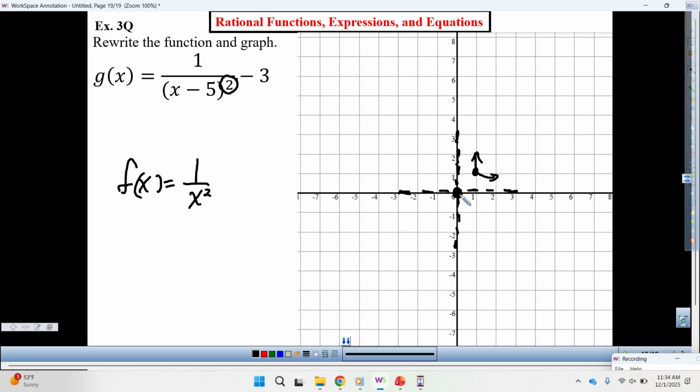And my other point, tell your neighbor, where do I place the other point for that one? All right. Where do I place the other point? Let's go with German. Go. You said negative 1 and 1. That is correct. So we're done with this f of x.